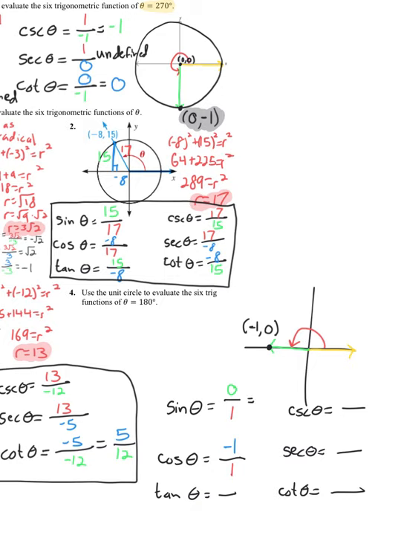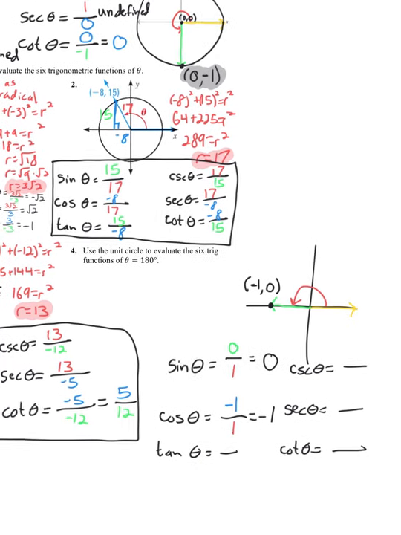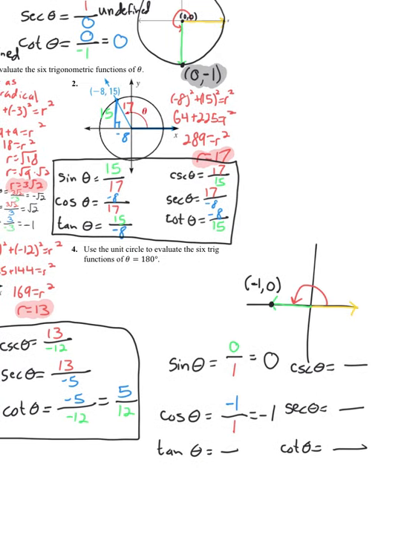And then these will simplify. So sine is just 0. Cosine is negative 1. And then tangent is the y value over the x value. And in this case, that becomes undefined. So tangent, not going to give us anything there.